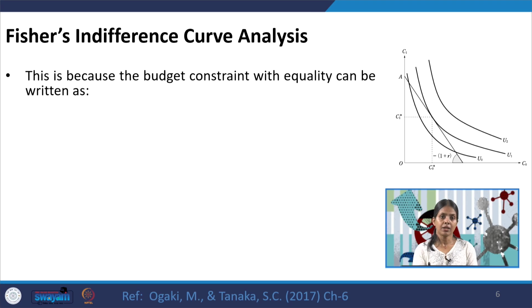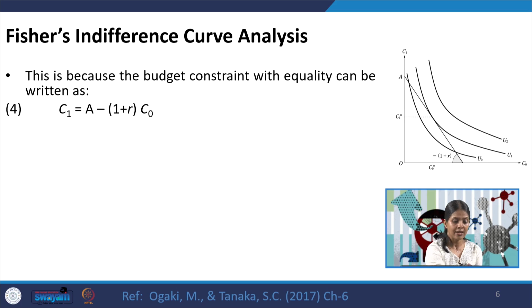This is because the budget constraint with equality can be written as C1 equals A minus (1 plus R) C0. The reason is that A is the maximum possible consumption in period 1 if you are not consuming anything in period 0. But if you are consuming something in period 0, then subtract it from the maximum possible consumption in period 1 to arrive at the consumption in period 1.